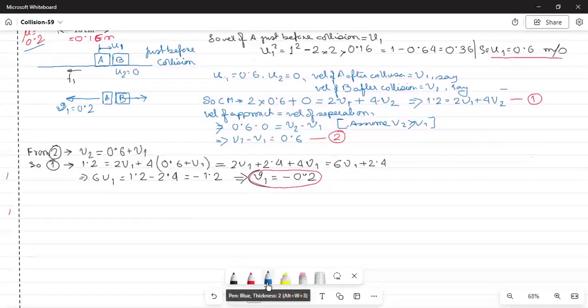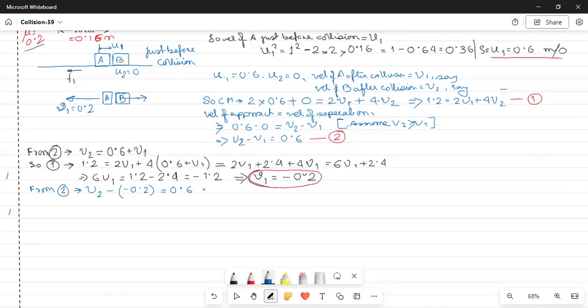Now we have V1, so we can easily find V2 again from equation 2. Equation 2 was V2 minus V1, which is V2 minus (minus 0.2), equal to 0.6.